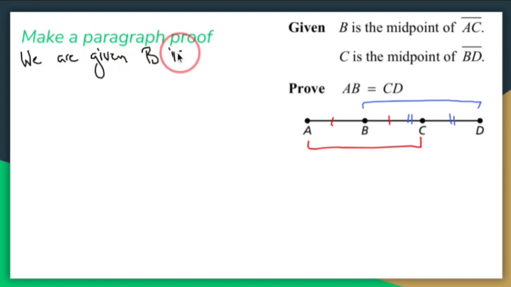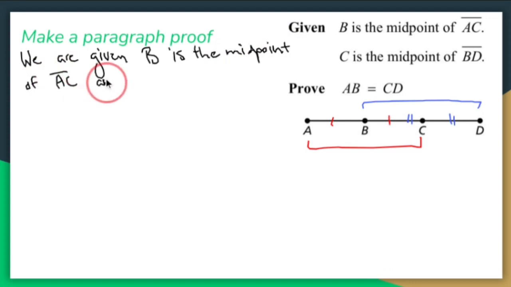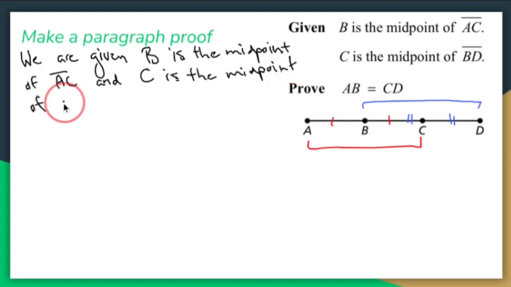B is the midpoint of AC and C is the midpoint of BD, period.